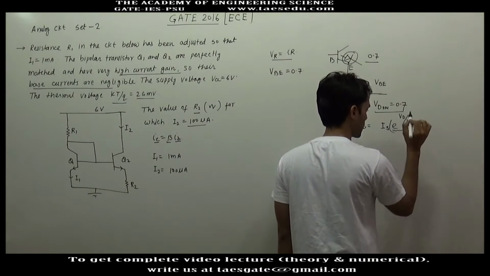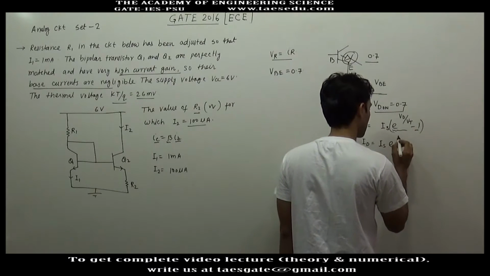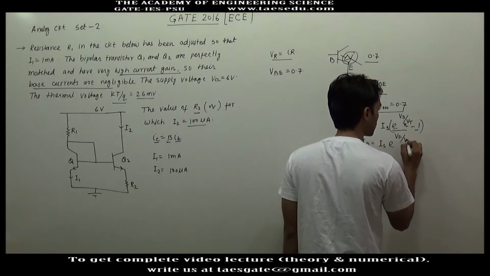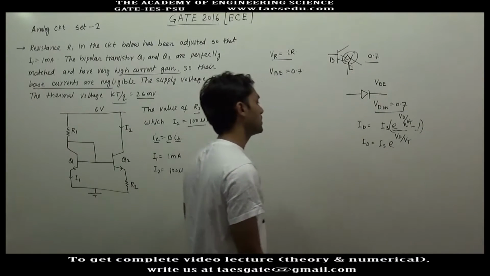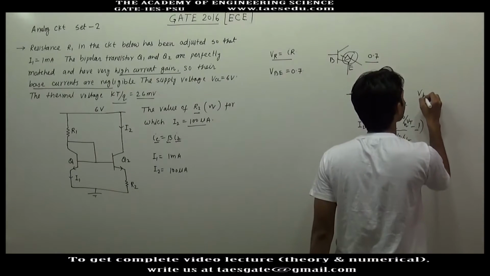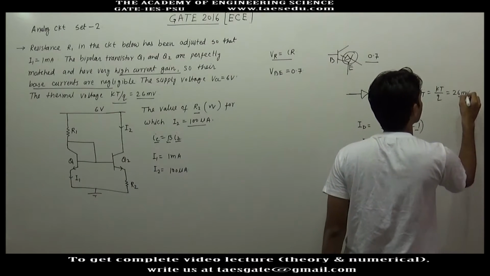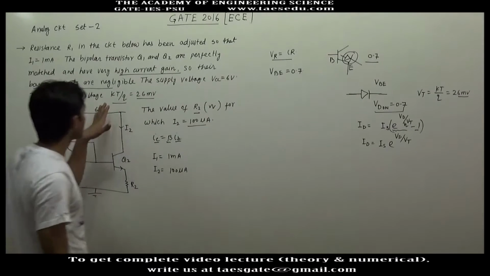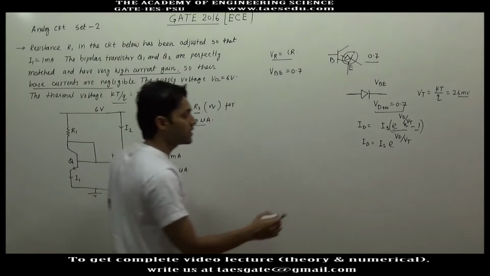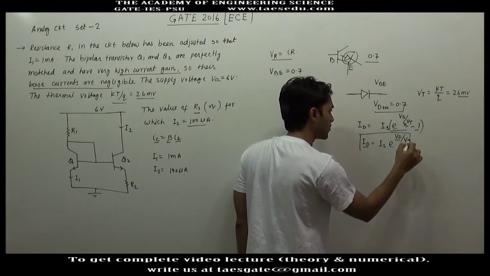Normally this exponential quantity is very large compared to 1, so ID can be approximated as IS into e to the power VD divided by eta VT, where VT is equal to kT divided by q, given as 26 millivolt. Since this is given in the question, it is also a hint that voltage and current are related by this formula.